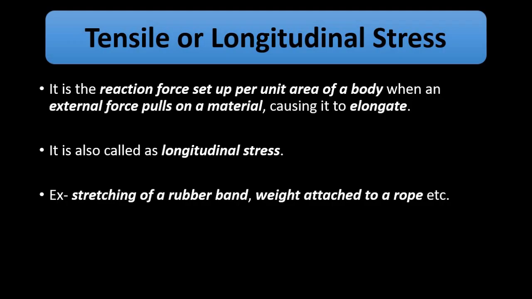So the external force tries to elongate, the reaction force tries to restore the material back to its original state. Okay, so this is longitudinal stress associated with increase in length.